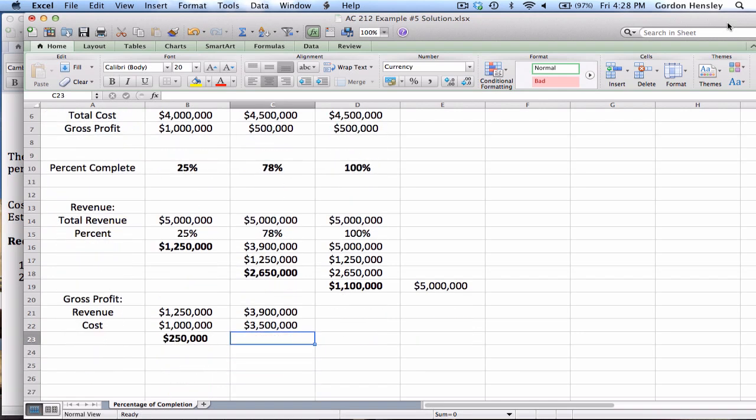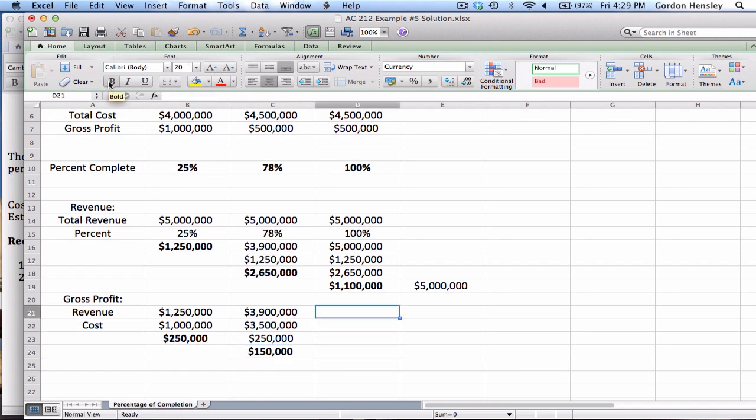In addition to that $3.5 million, we have already recognized $250,000. We've already done that part. So I want to deduct both of those, and I can recognize $150,000 in that year.